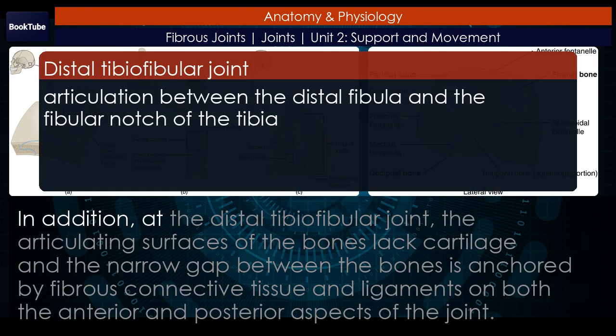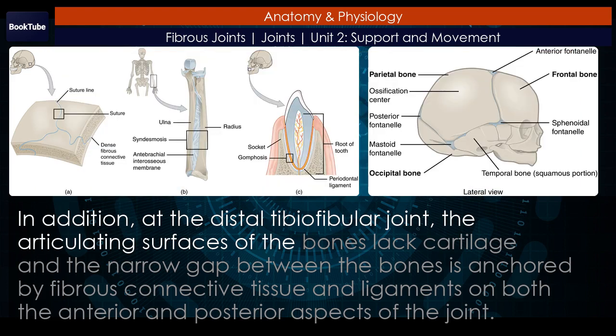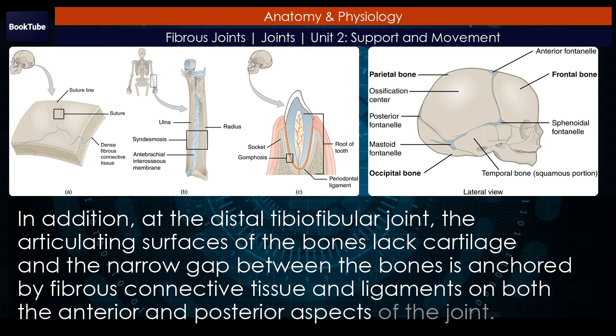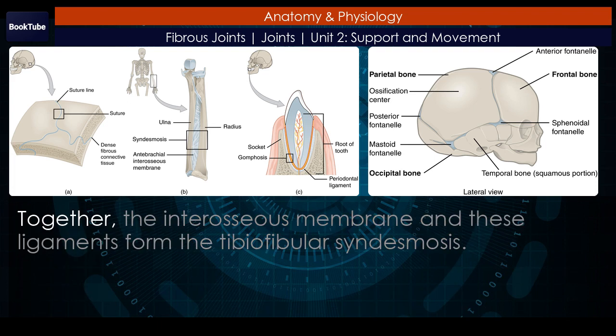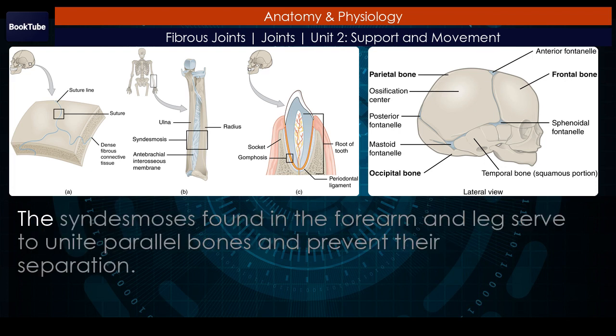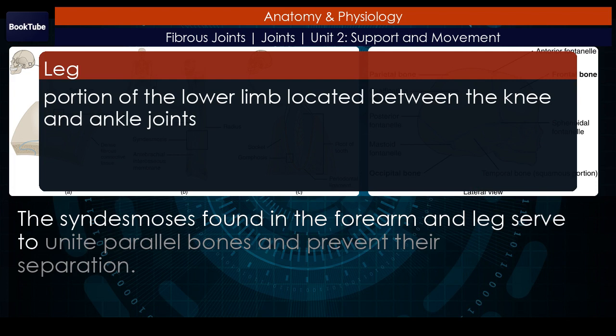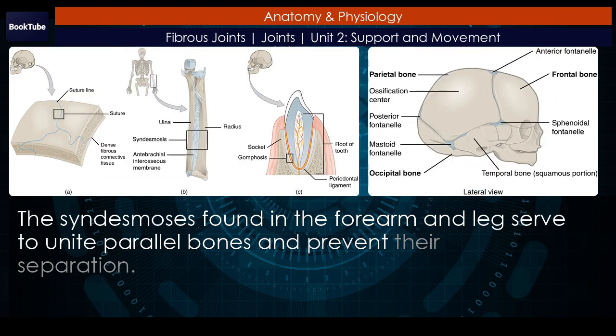In addition, at the distal tibiofibular joint, the articulating surfaces of the bones lack cartilage and the narrow gap between the bones is anchored by fibrous connective tissue and ligaments on both the anterior and posterior aspects of the joint. Together, the interosseous membrane and these ligaments form the tibiofibular syndesmosis. The syndesmoses found in the forearm and leg serve to unite parallel bones and prevent their separation.